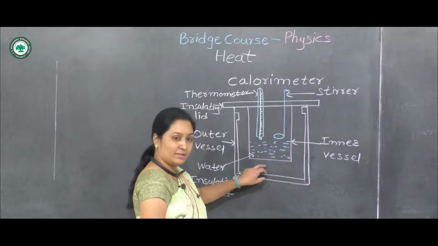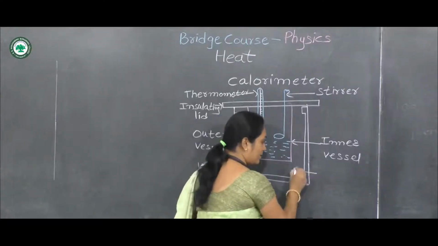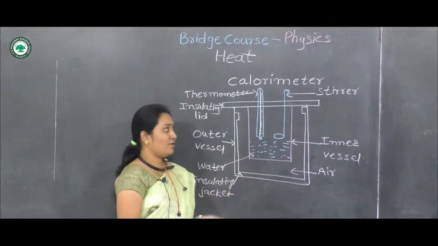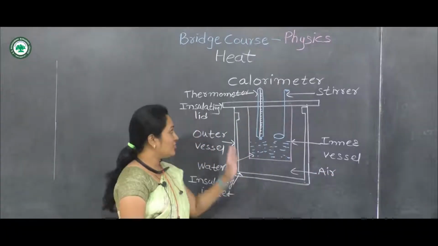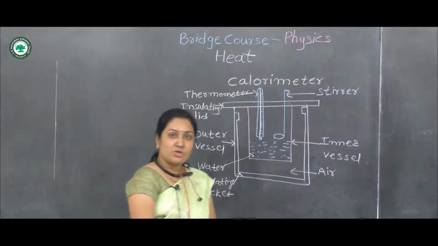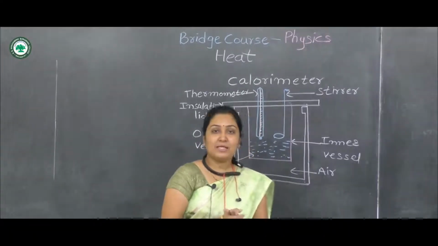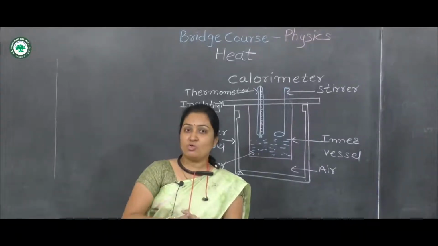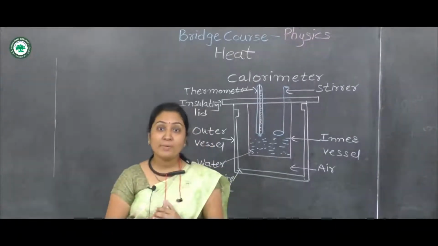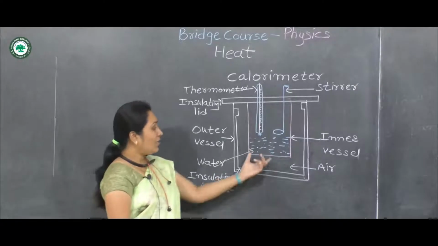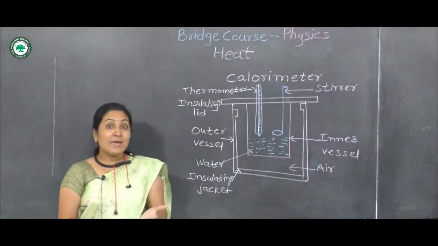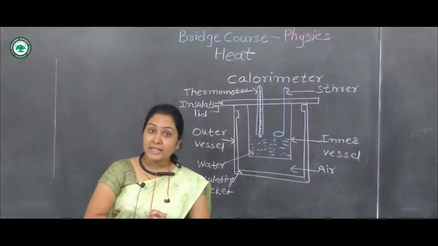And here is the air for insulation. So this is a calorimeter. Calorimetry is the experimental technique which is used for the measurement of heat. This calorimeter is an instrument which measures the amount of heat.